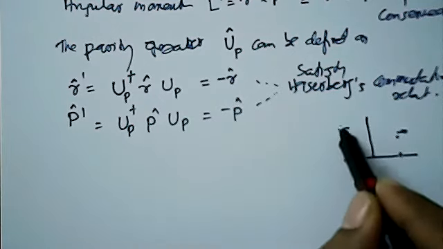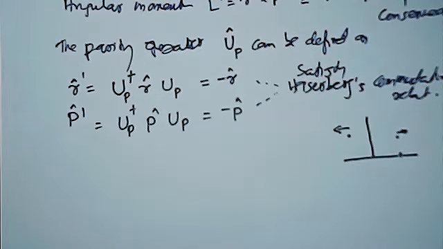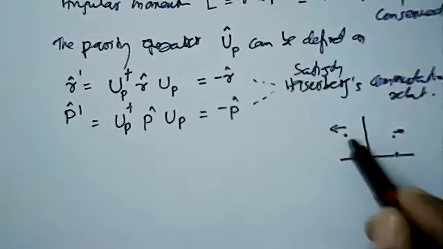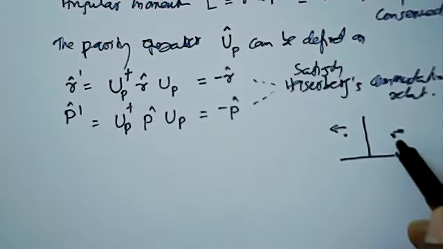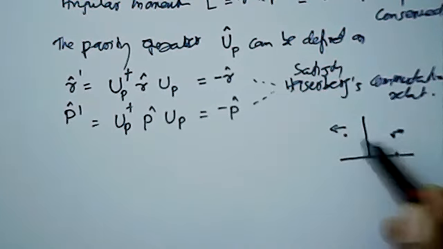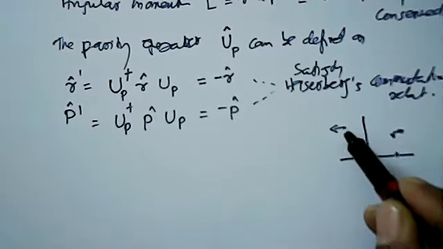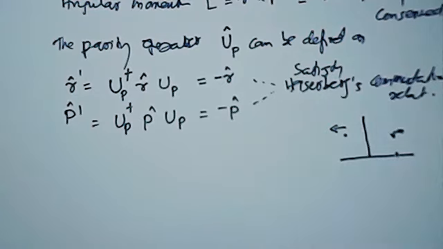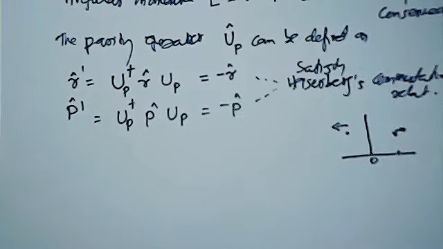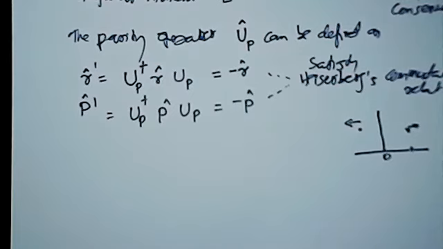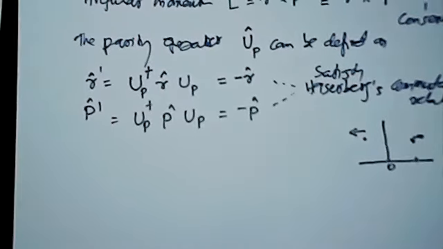So the particle tries to move in the opposite direction. Initially the particle was moving in this direction. Immediately after parity operation, this is a discrete transformation, so the particle cannot exist anywhere in between. Immediately it reaches here. Then momentum becomes negative. This is what actually happens for a moving one-dimensional system. For other systems, it is slightly complicated.